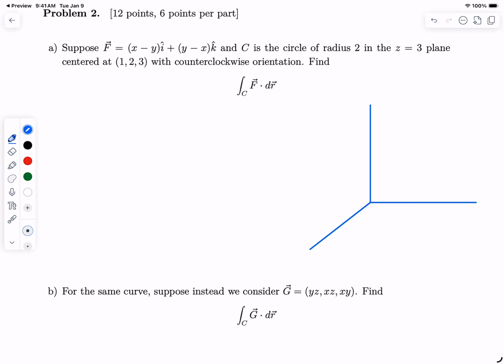So the point is centered at (1, 2, 3). So x is 1, y is 2, z is 3. So maybe there's a point here which is in the plane z is equal to 3, and C is a circle of radius 2. It means something like this, but it is in that plane.